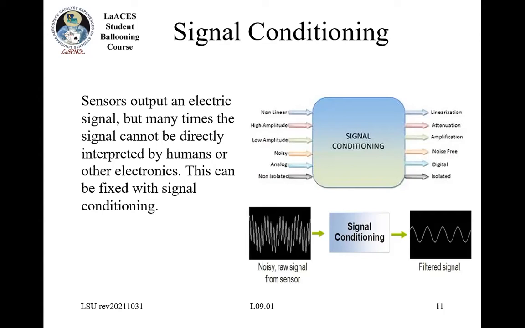Obviously, you or I can't inherently read a voltage signal, so you have to change the signal to get it into a form that you can read or record. And then also, often other electronics are not going to be set up to inherently read the information well out of the signal.